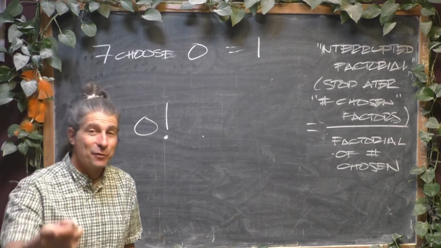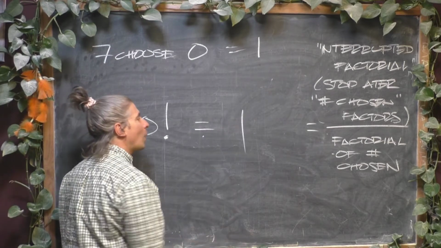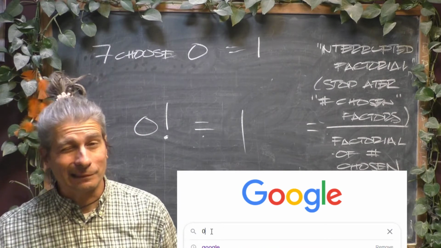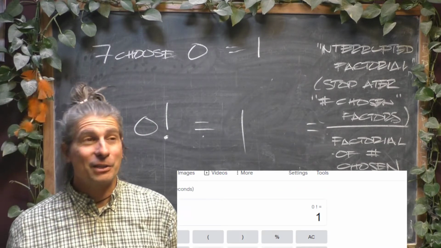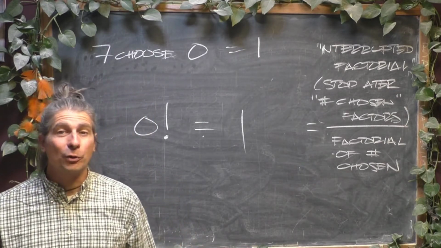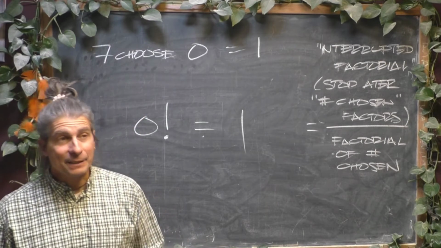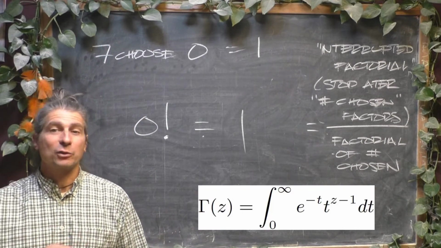Well, if you want to lose some sleep, Google why 0 factorial equals 1. That's a good one. There is no simple answer as to why 0 factorial equals 1. It has to do with something called the gamma function, which is what the factorial is a subset of.